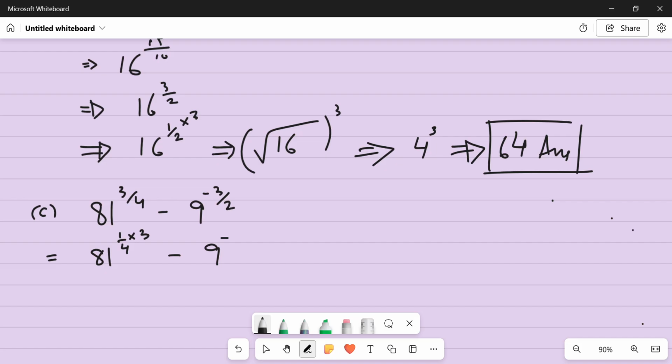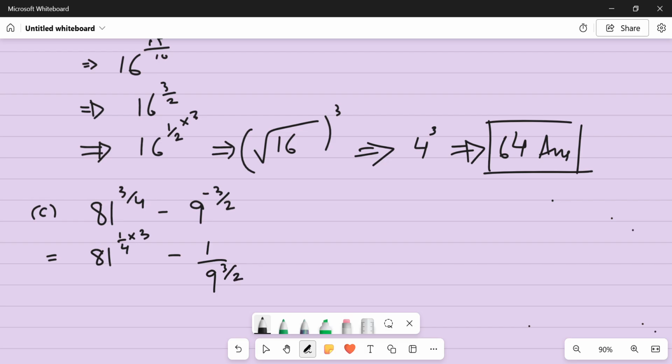Acha. Before that, students, the second one is in the negative form now. So first of all, bring it into a positive. How are you going to bring this exponent into a positive? By reciprocal. Okay, as we have done in the previous questions, how are you going to convert this negative power into a positive? By reciprocal. So 1, 9, 3 over 2.